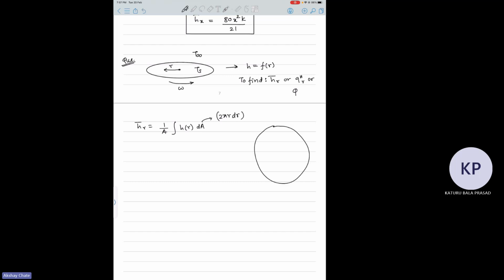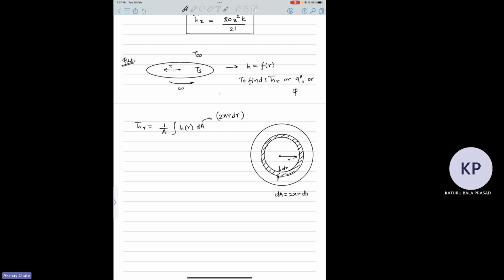It will look like a circle, and if you want to take a small strip here, something like this, from the center at R location, and this thickness is dr. So your dA is nothing but 2 pi r dr, and your A is pi r square. Correct, no? So you have to use that trick.